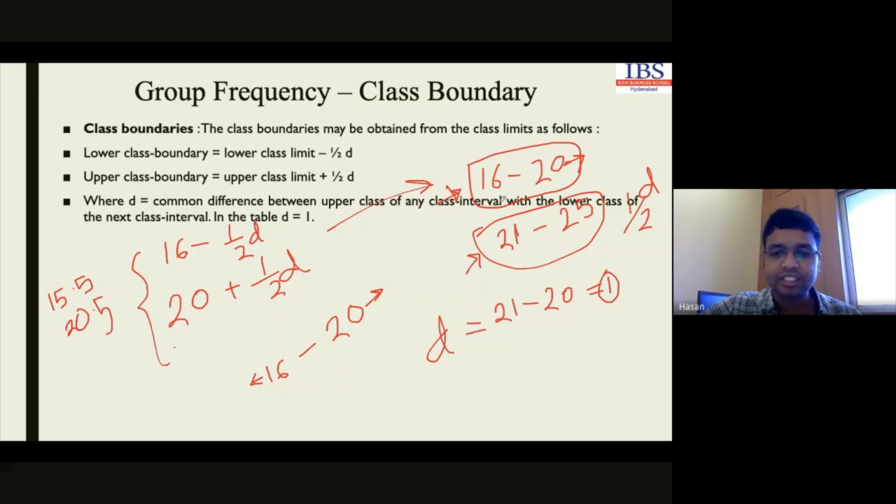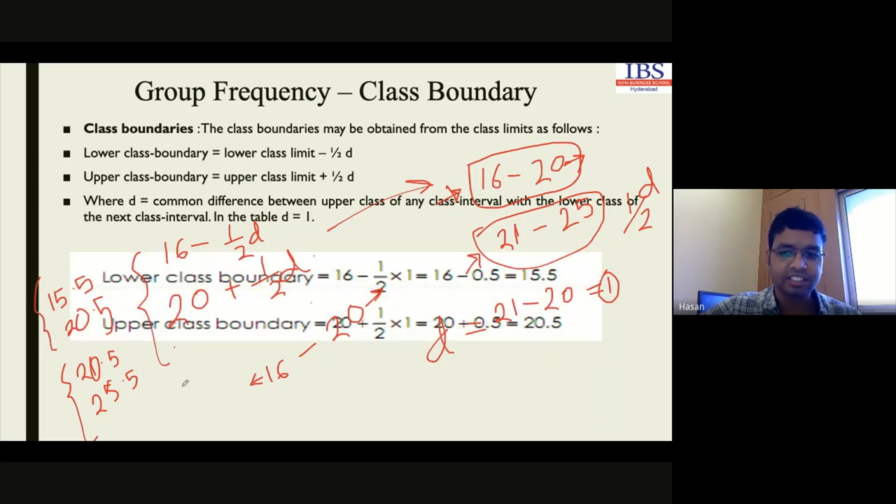For the next class, it will be 21 minus 0.5, that means 20.5, as the lower class boundary, and the upper class boundary will be 25.5. This is one class and this is another class.